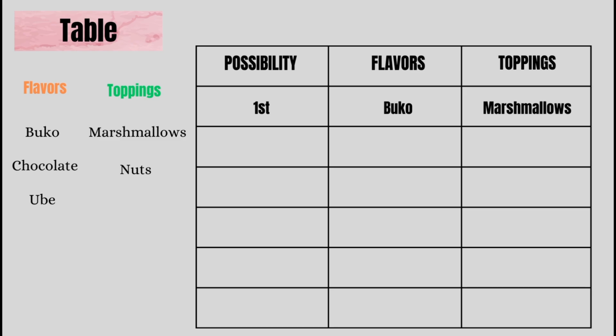On the next row, write the second match-up or second possibility. For the type of flavor, we have buko. And for the toppings, we will have nuts. With this, we have our second possibility. Then, do the same action again for the rest of the objects.